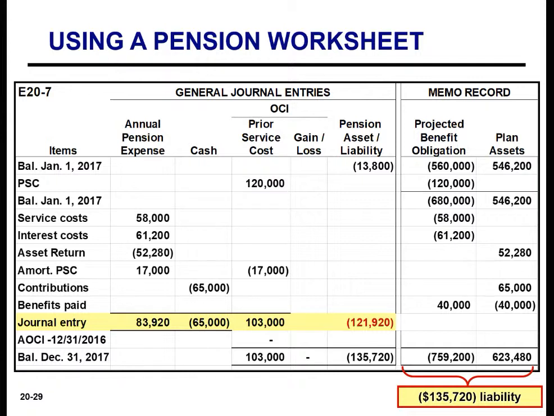And a total increase in the liability of $135,720.